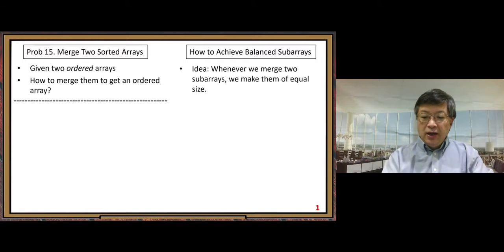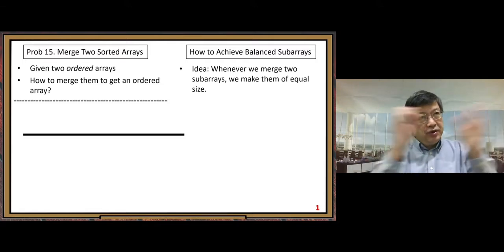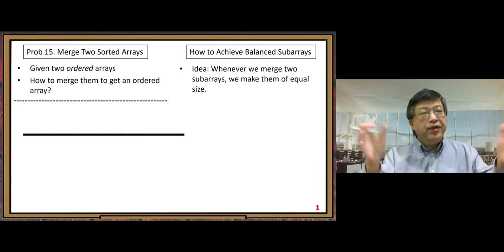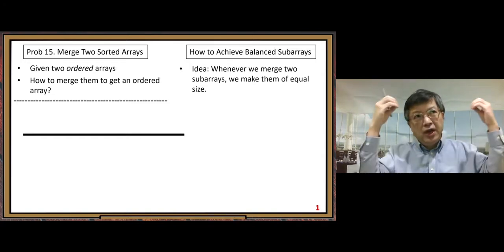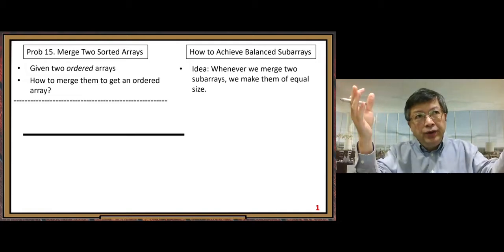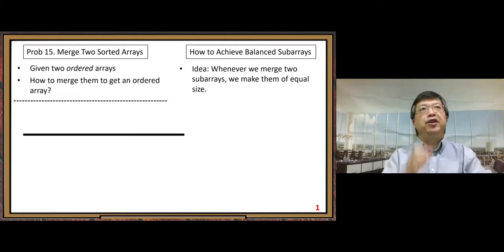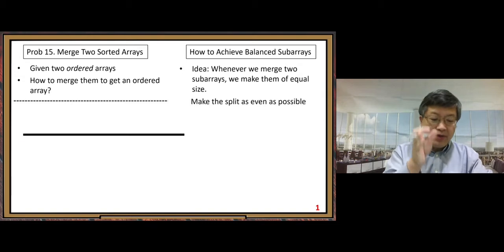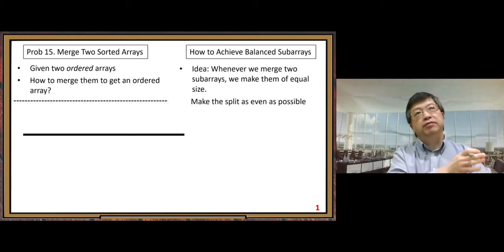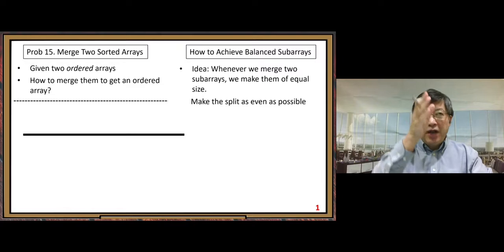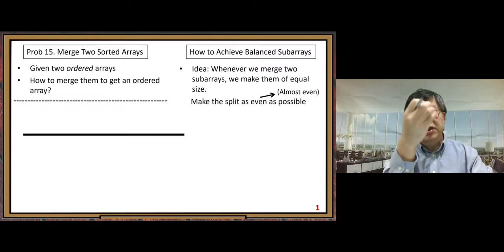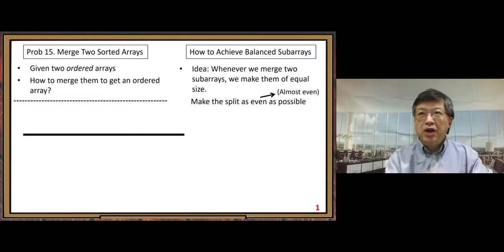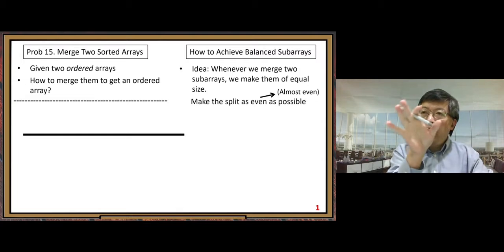Now let me use this line segment to represent the whole array. Before we start, we have this whole unordered array. Then divide and conquer. When we divide, we split in the middle, so the sizes of the two subarrays are as close as possible, almost even, with a difference of at most one, depending on whether the number of elements is even or odd.